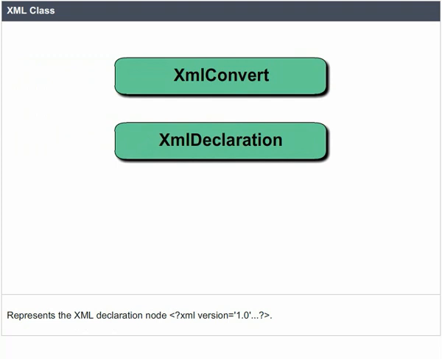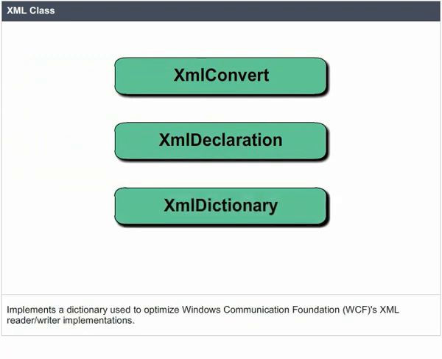XmlDeclaration represents the XML declaration node, open tag, question mark XML version equals 1.0, question mark, close tag. XmlDictionary implements a dictionary used to optimize Windows Communication Foundation WCF's XML writer implementations.